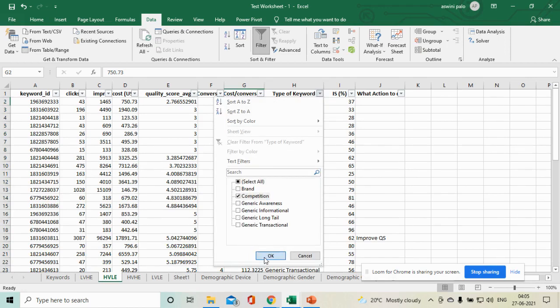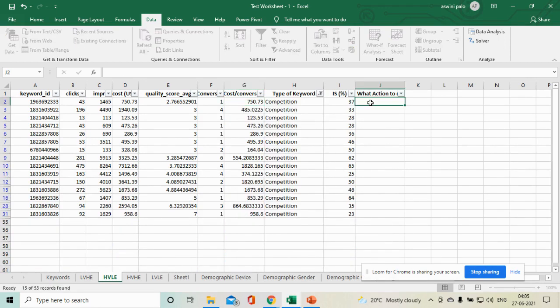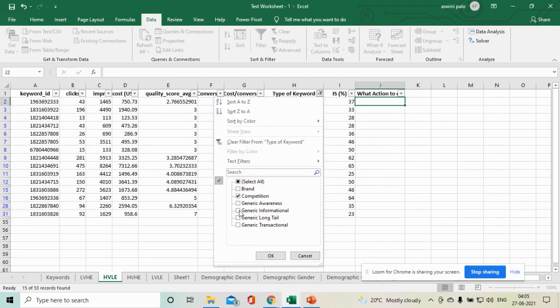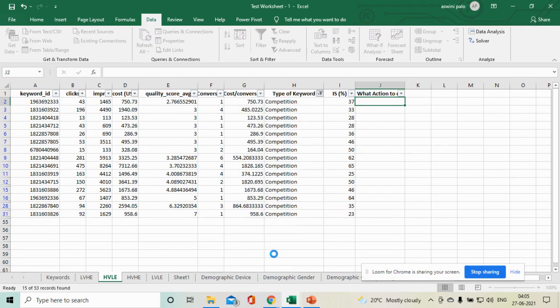Let me go once again. Let's go here, work on bidding strategy, on bids. What is happening? It seems it got hanged again. Okay.